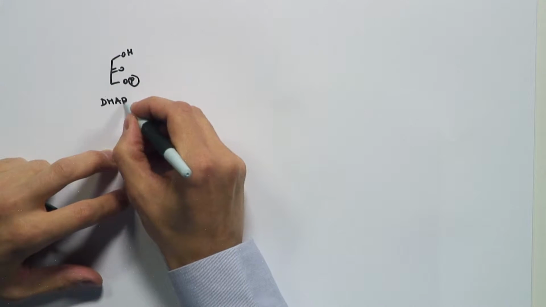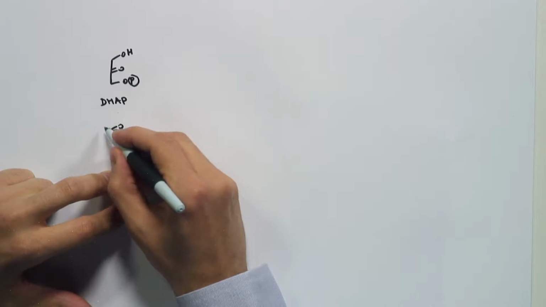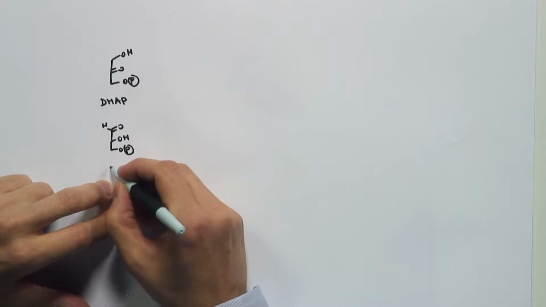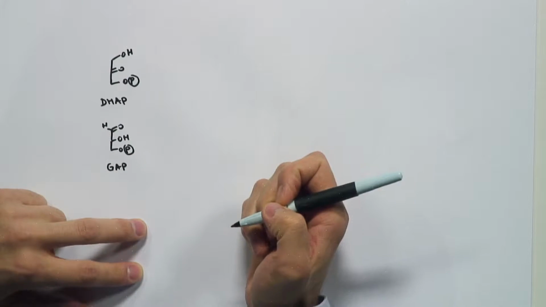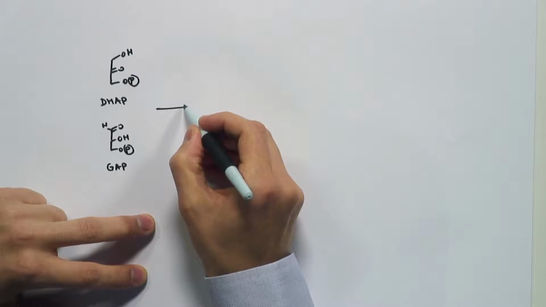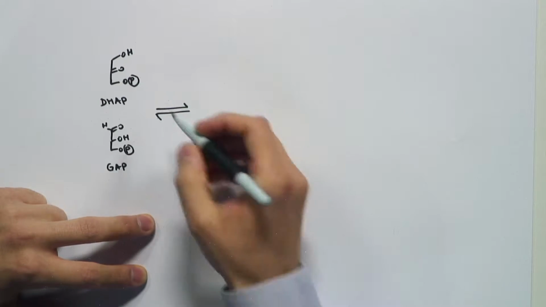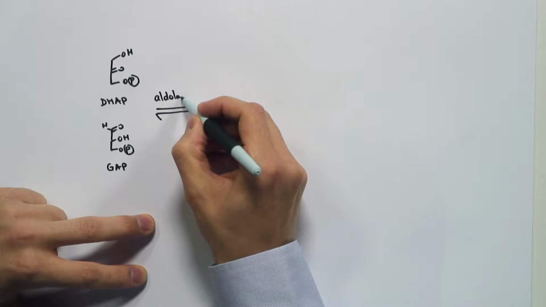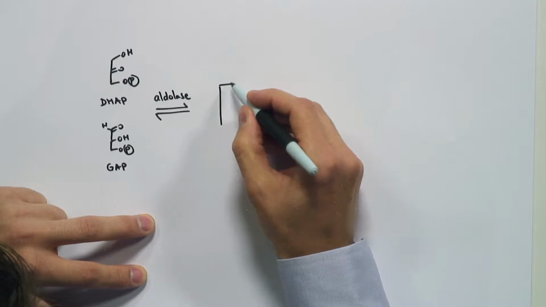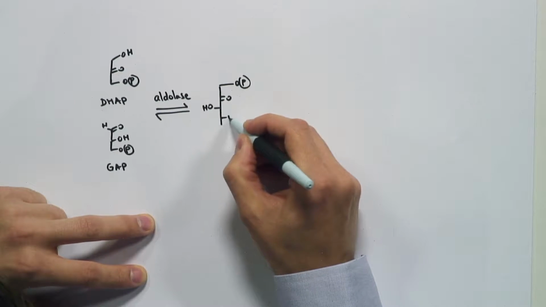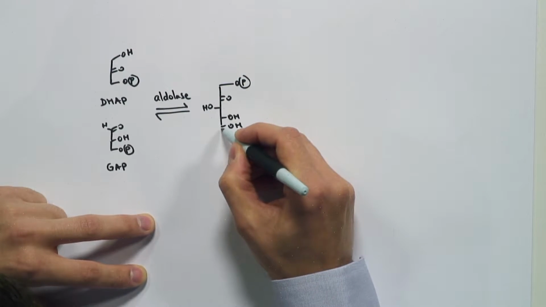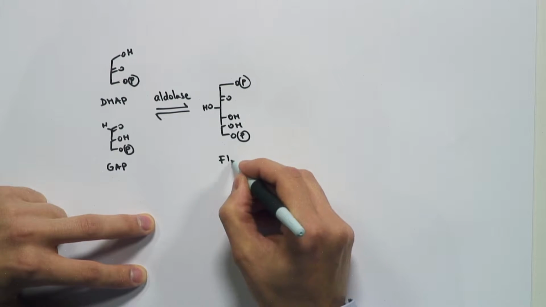This is dihydroxyacetone phosphate. This is glyceraldehyde 3-phosphate, or GAP. And these two come together in the aldolase reaction to form fructose 1,6-bisphosphate, or F16BP.